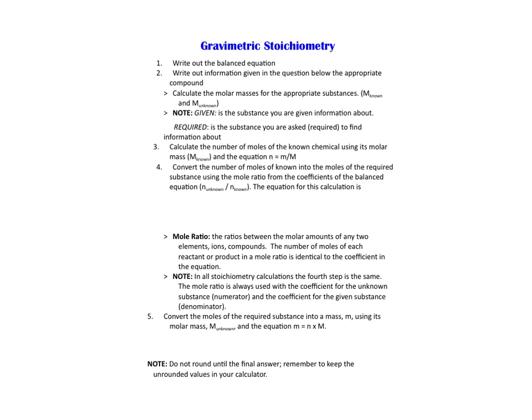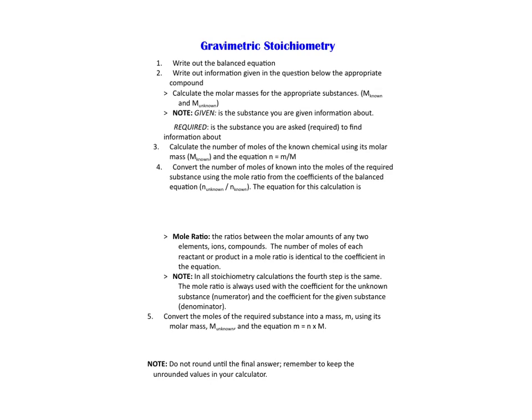So if we get information about one of the reactants, we're going to write out its mass below it, and we're also going to calculate the molar masses for substances that are involved in this question. So we can calculate molar masses for the known, which is something that we're given information about, so the mass, and the molar mass of the unknown. Unknowns are things that we're asked or required to find information about.